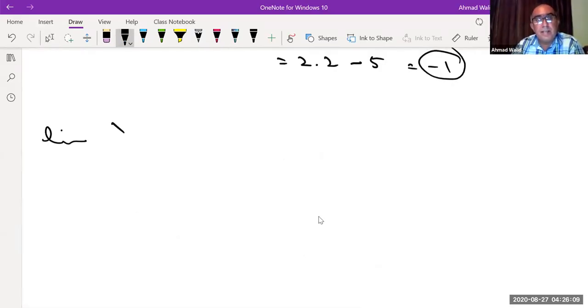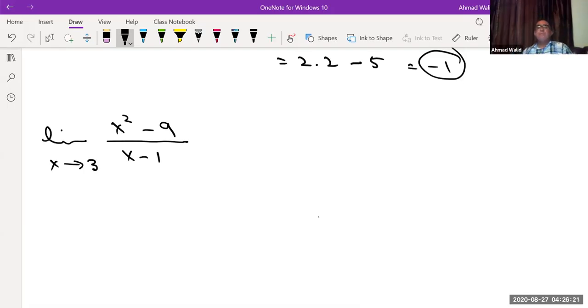The limit of x squared minus 9 over x minus 1 as x approaching 3. Based on the laws, you have to take the limit of the numerator, then apply the subtraction rule, then the limit of the denominator, then apply the rules of the limit, then at the end you can find the answer.